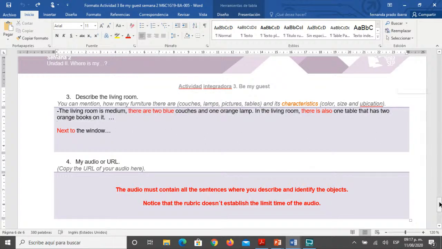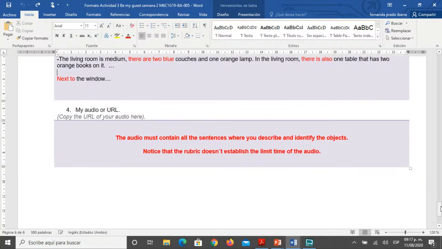Okay, and the last part of our integrative activity, I have to record my sentences. Yes, I can read the questions and the answers, the 3 answers, complete. So you have to describe and identify the objects, the question and the answers, the 3 answers.